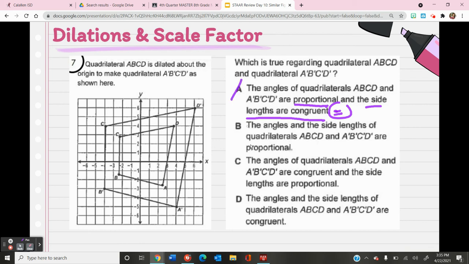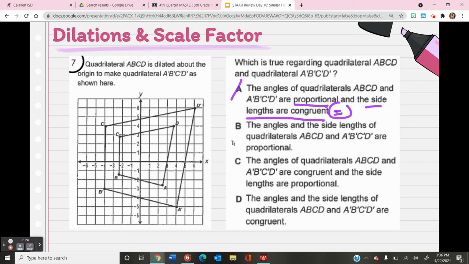So A is not my answer. Again, I just want to emphasize to you, whenever we are enlarging something or reducing the size of something, it does not change the angle measurement. They are still congruent.